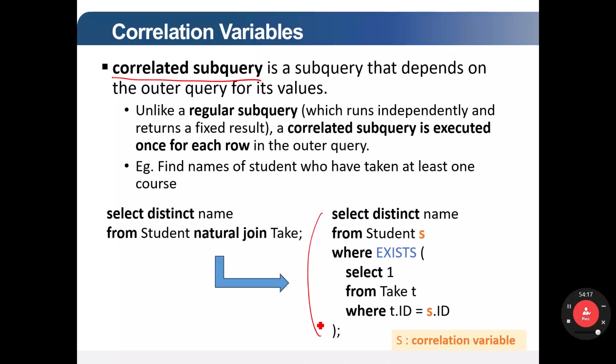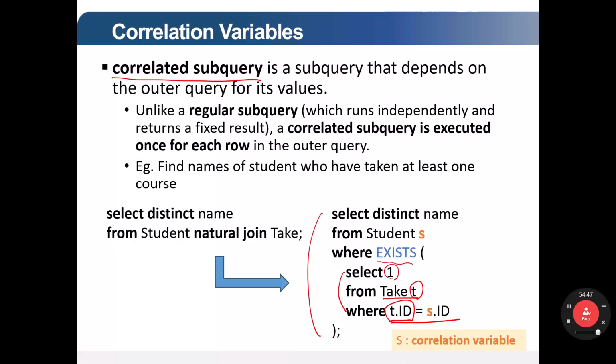So consider this example. We just ignore the exists operator for now. Just look at this nested query. Here we are selecting a constant literal, number 1, when the given predicate is true. We are accessing this take table and renamed it as T. So T.id, we know what T.id is.